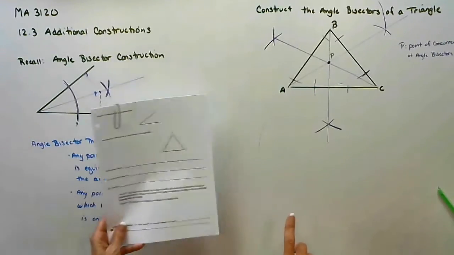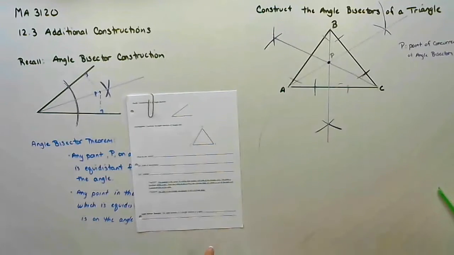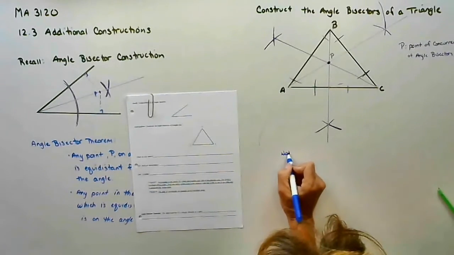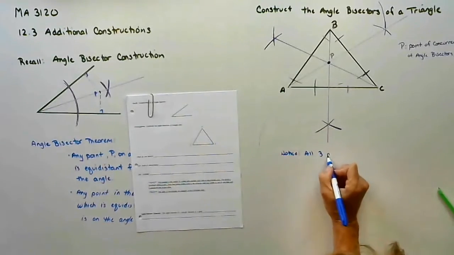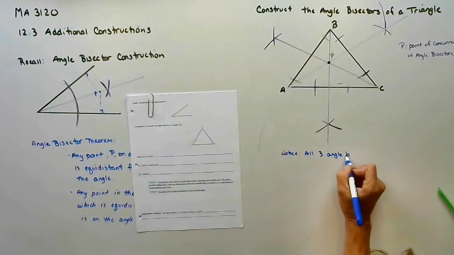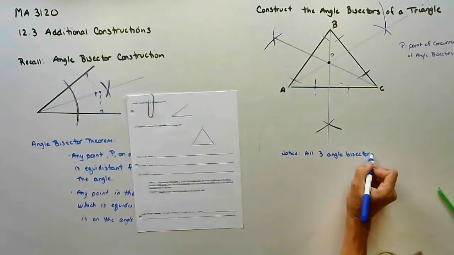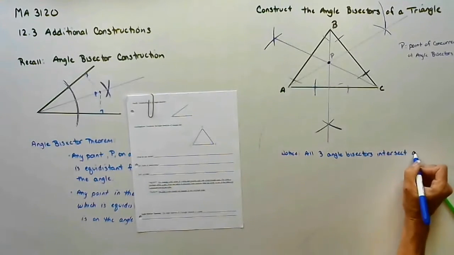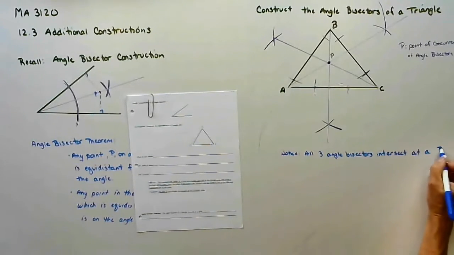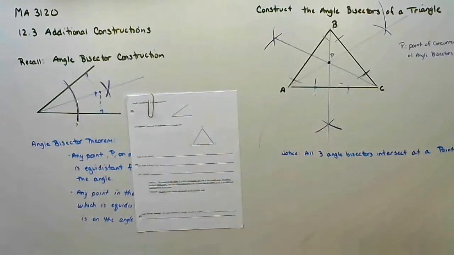So on this question here, what do you notice? We notice that all three angle bisectors intersect at a point, we called it P, inside the triangle.